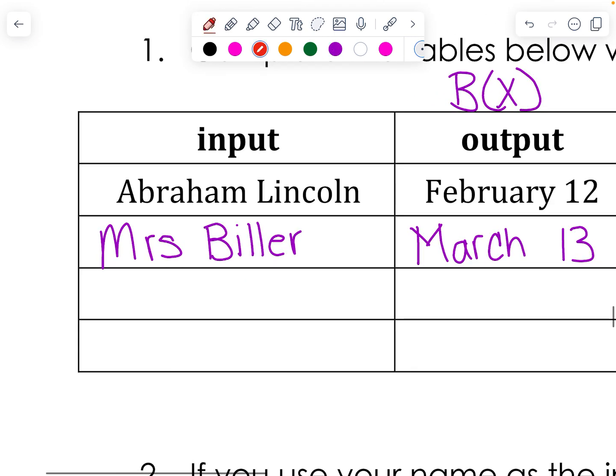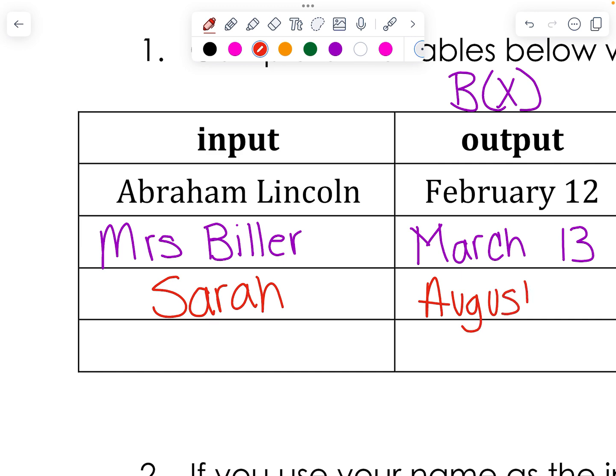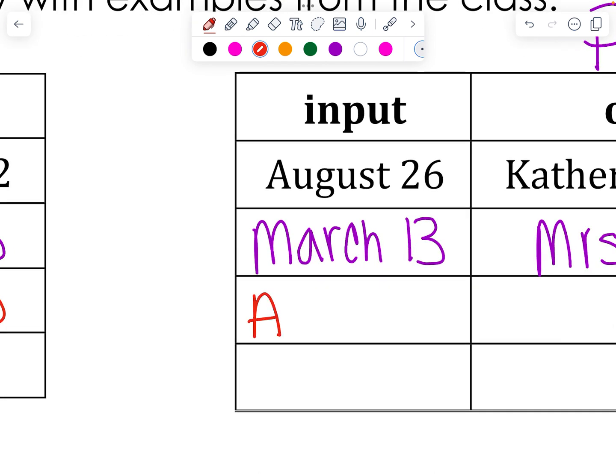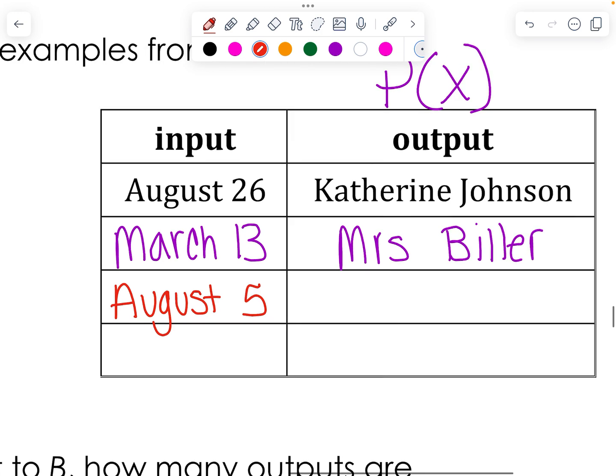Okay, let's just come up with a name. So let's say Sarah is the name, and her birthday is August 5th. So if you write it the other way, August 5th is the input, and Sarah is the output.